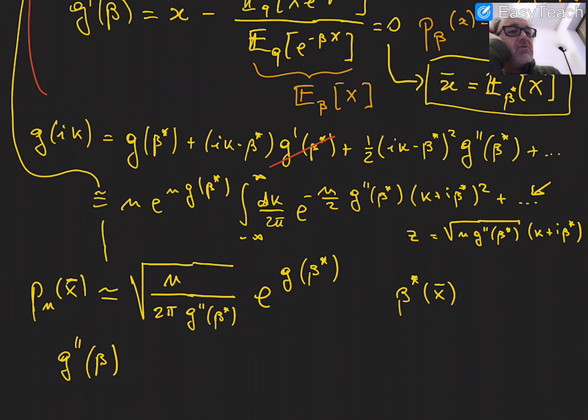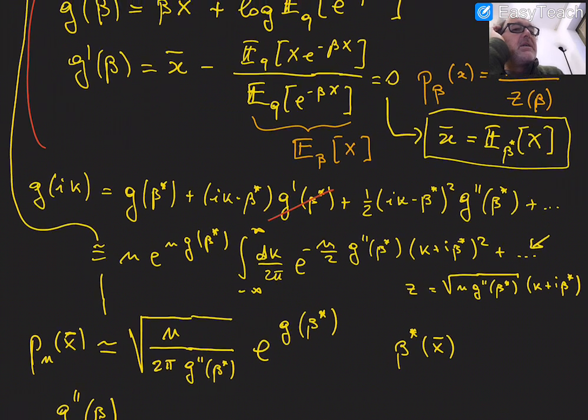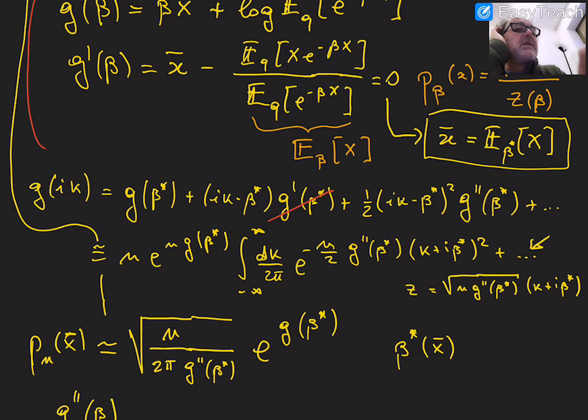So what is the second derivative of g? Well, the first derivative is given by this formula here, and as we said, it is equal to x bar minus the expected value over beta of x.